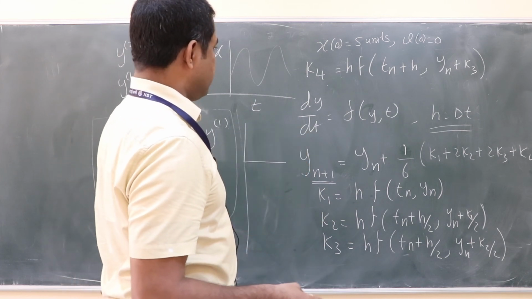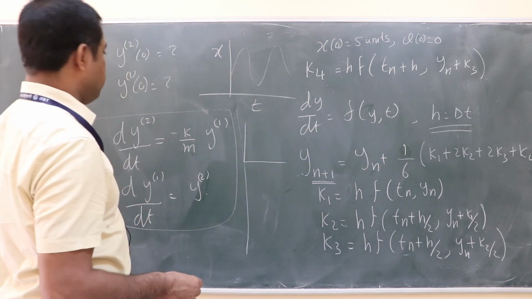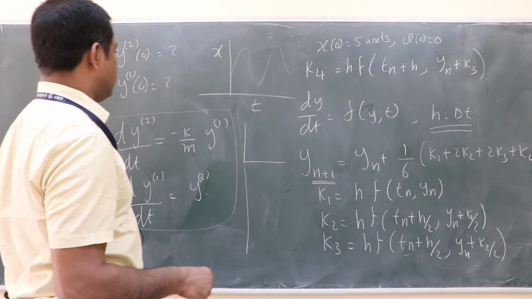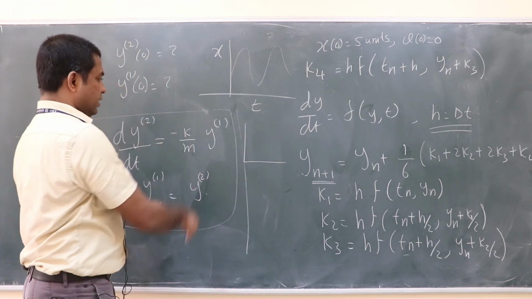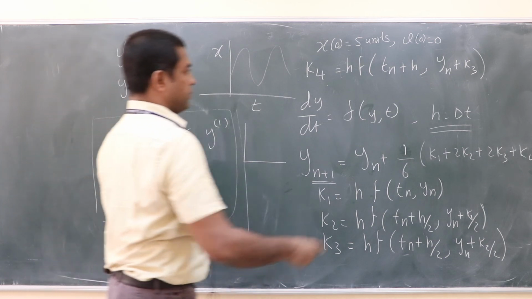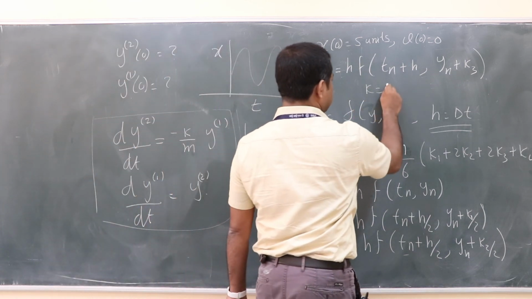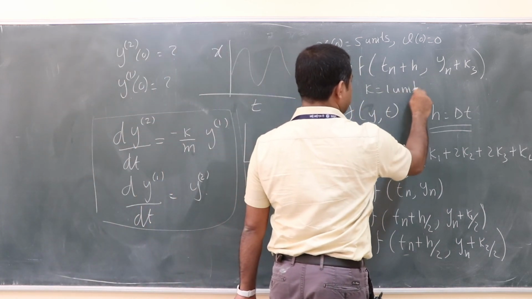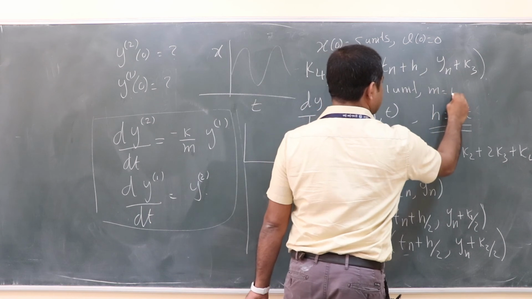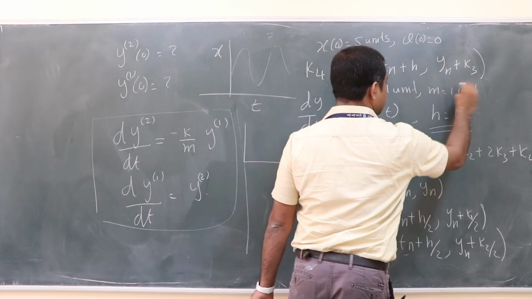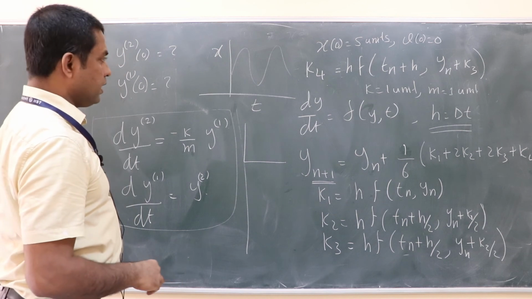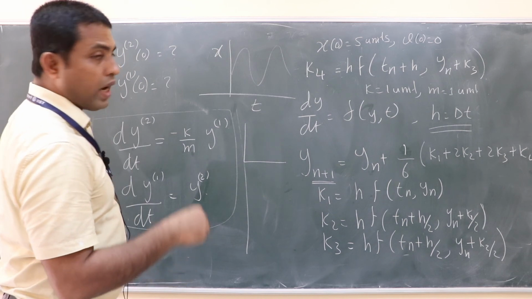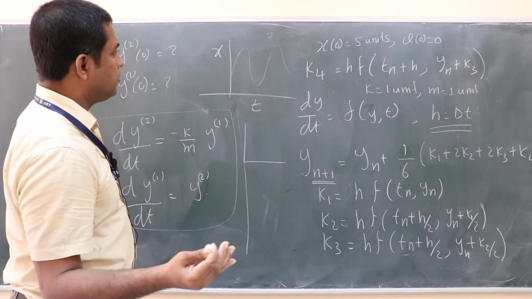Then K and M are required. K and M you can just put as 1 unit each: K equal to 1 unit, M equal to 1 unit. The second thing is up to what time you should run the program.